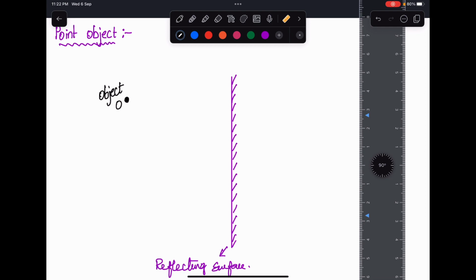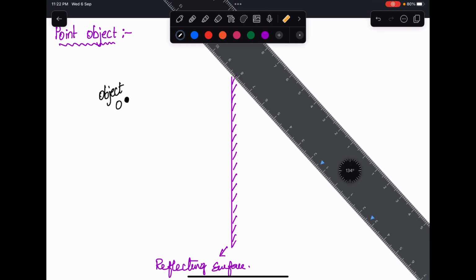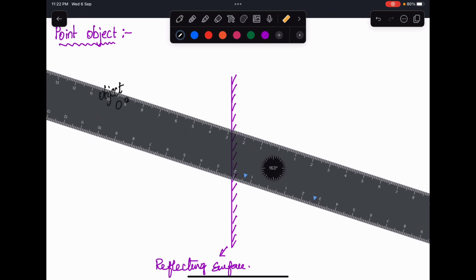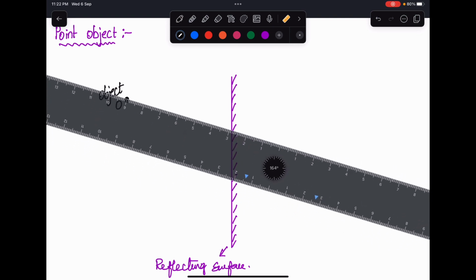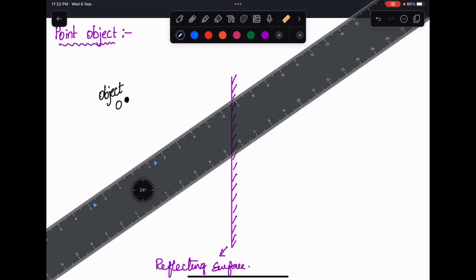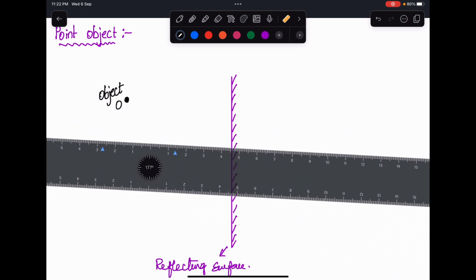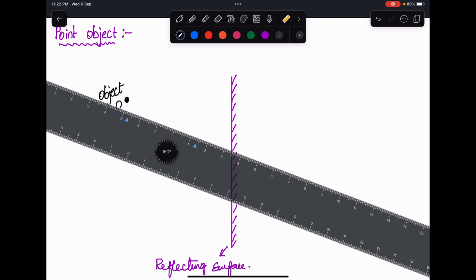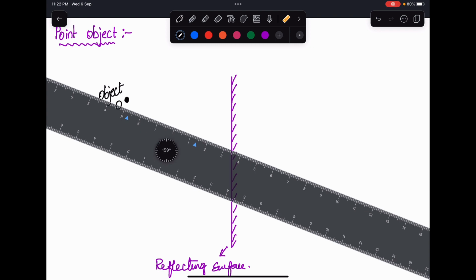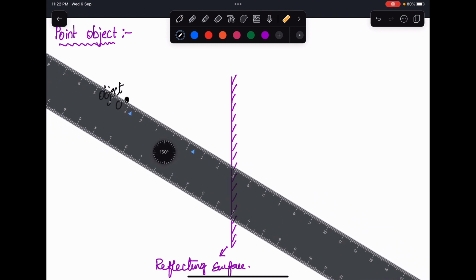Out of which I would like to take any two incident rays of my choice, of different angles, so that it will be easy for me to identify and measure things.